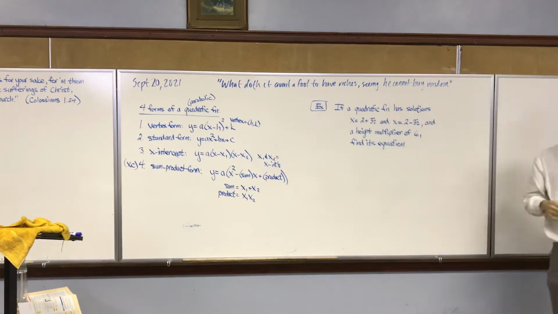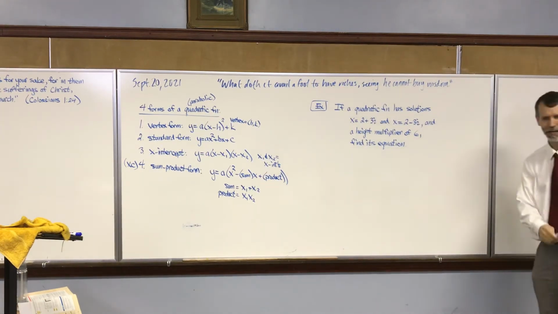Find the original equation that would have two solutions, 2 plus 3i and 2 minus 3i.